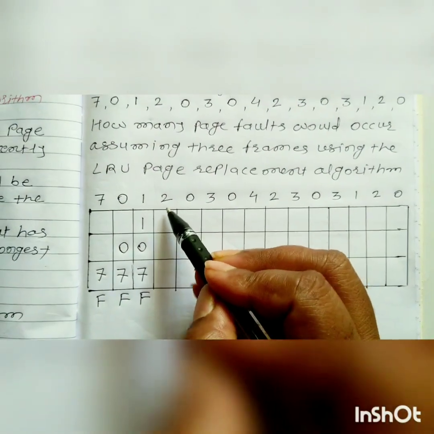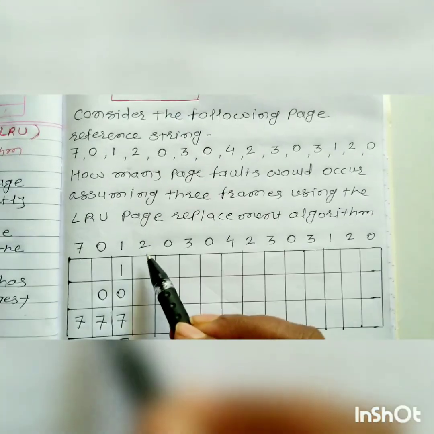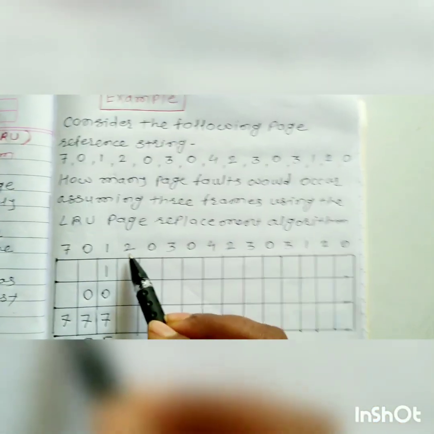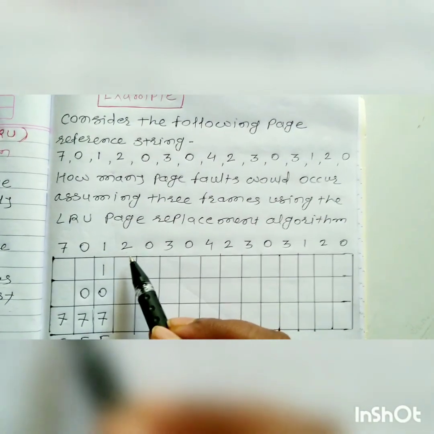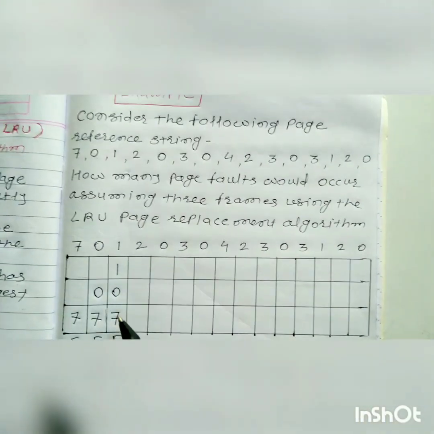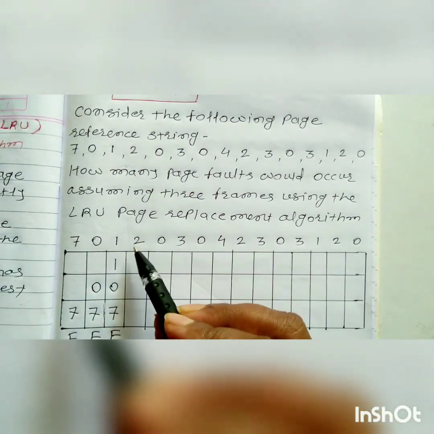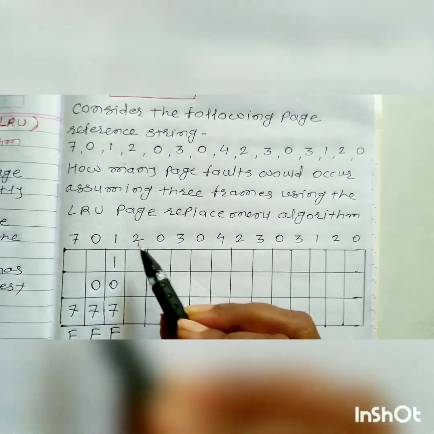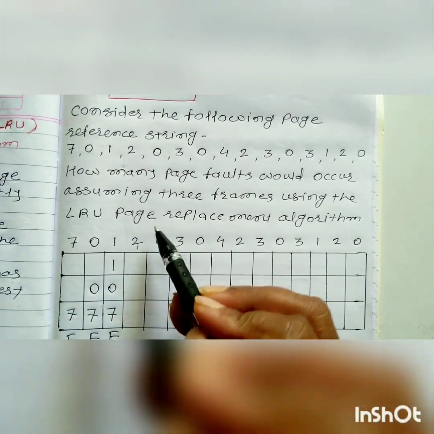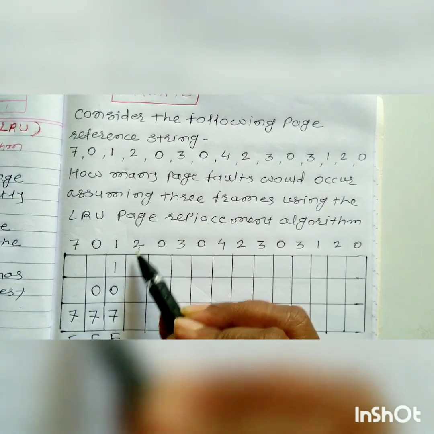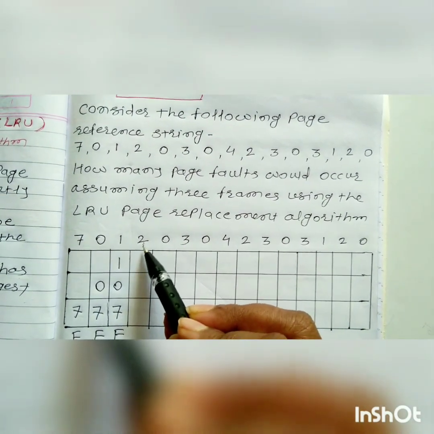Okay, now the next page you have to insert in the main memory is 2. To insert this page 2, you have to look at the left hand side of the page you want to insert, at the pages that are there in the previous frames in the main memory.